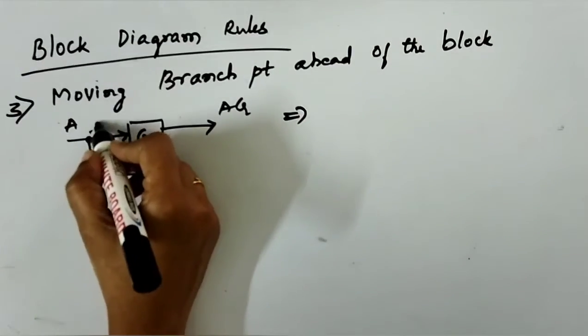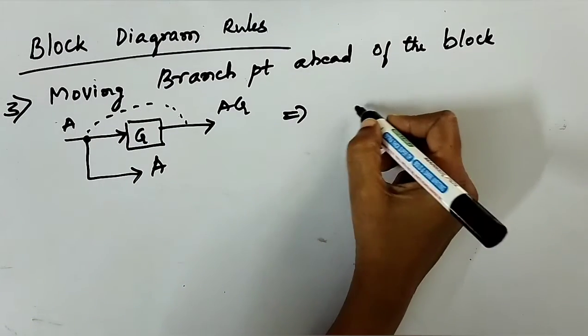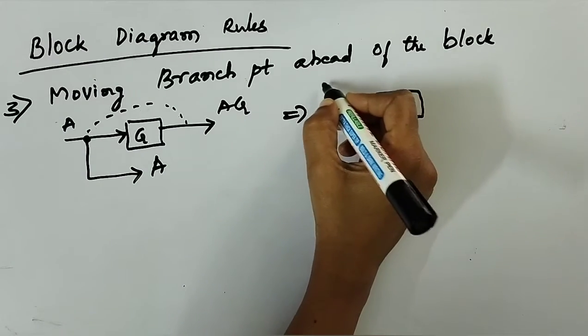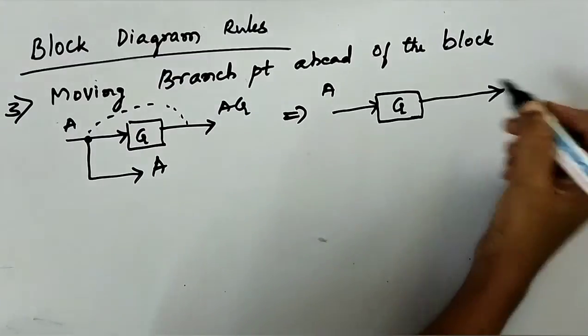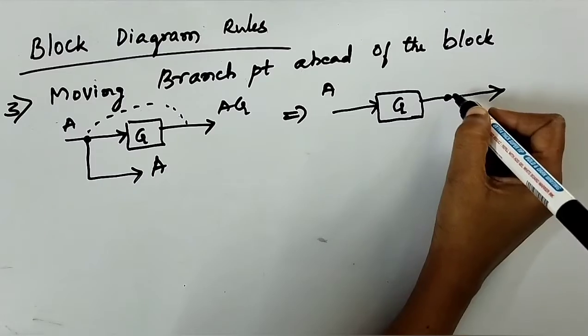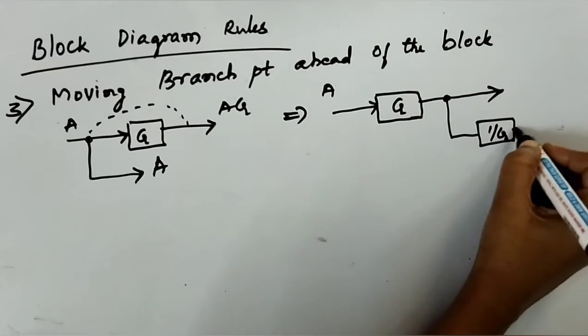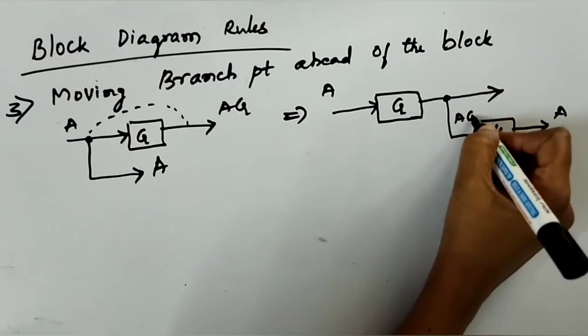You're supposed to move this branch point after this block G. Then this can be represented as G, where the input is A. You're moving the branch point ahead, so the branch point is here, and then it is 1 by G here, A, AG.